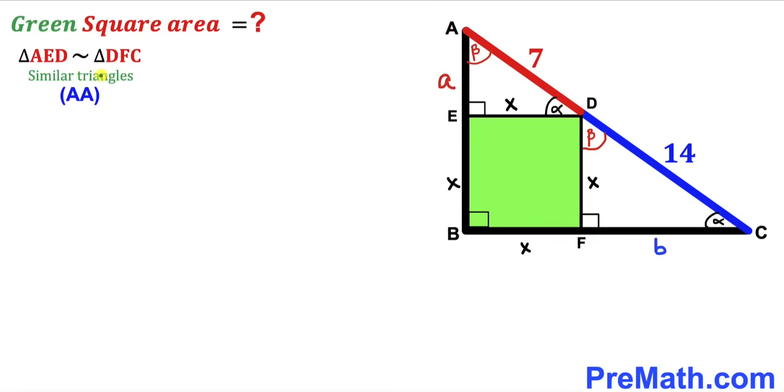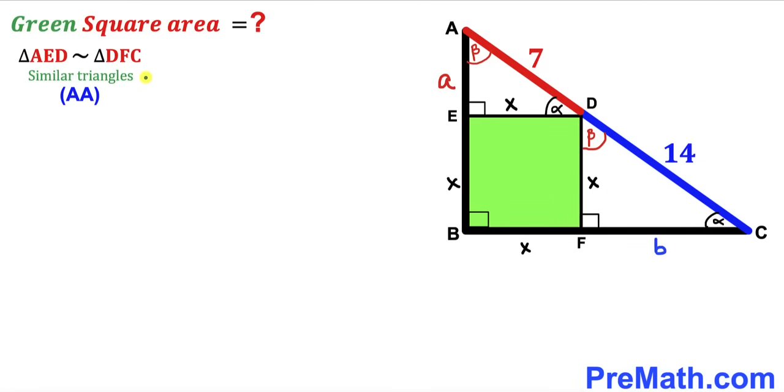Therefore, we conclude that these two right triangles, triangle AED and triangle DFC, are similar triangles according to the angle-angle similarity theorem.